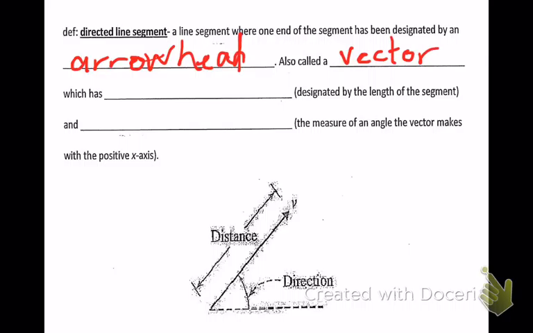Which has distance designated by the length of the segment and direction, indicated by the measure of the angle the vector makes with the positive x-axis. So it has both magnitude, distance, and direction, a vector.